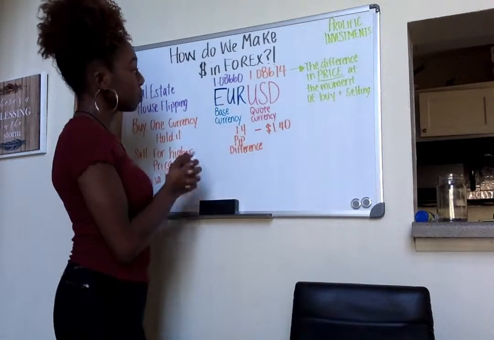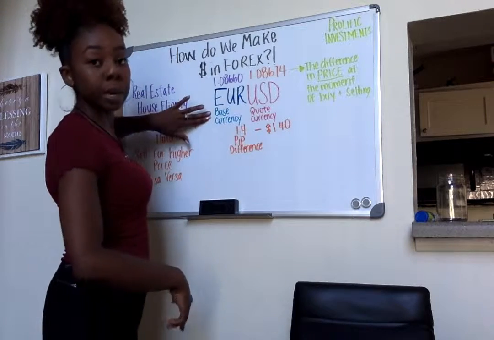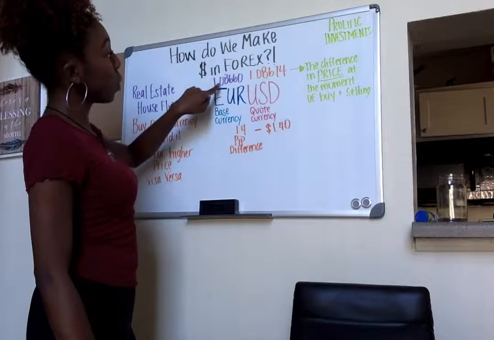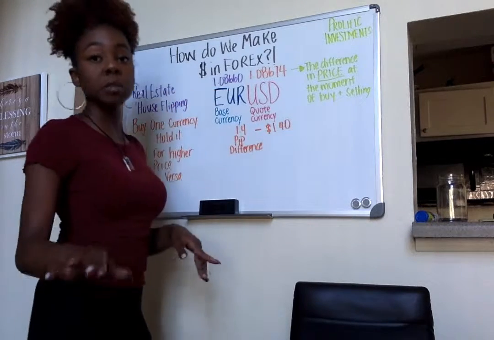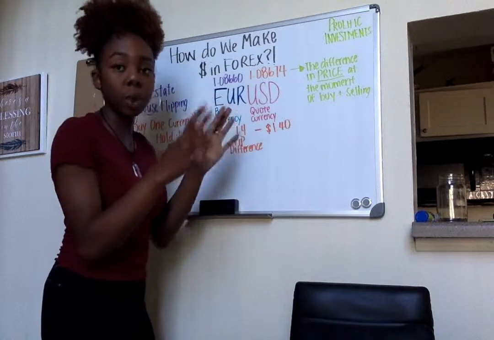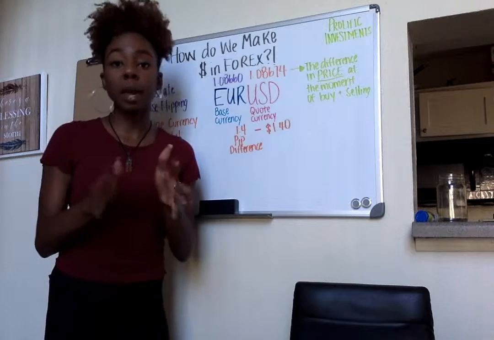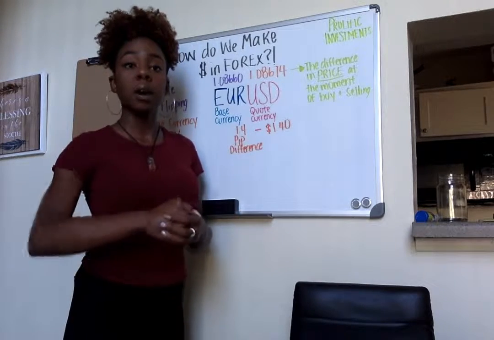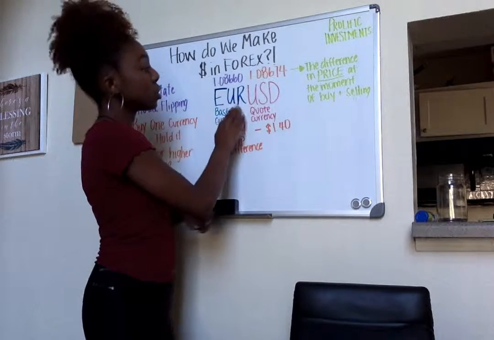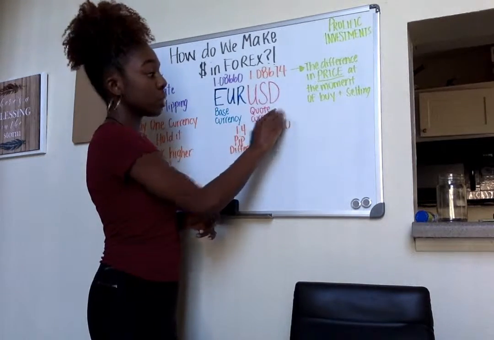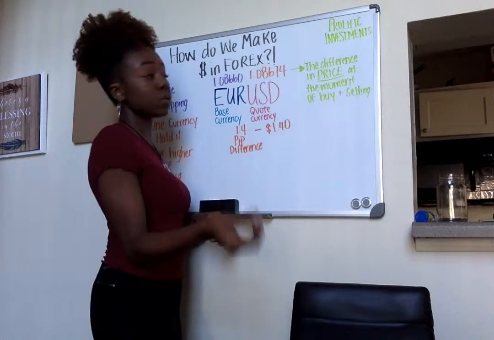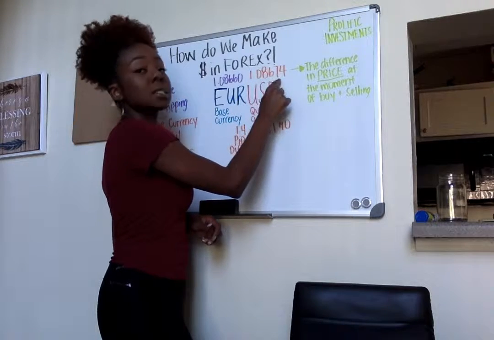Just to continue, your Euro will be your base currency, and that base currency is selling for 1.0866 at this moment. Right now, you don't really need to pay attention to what this number is because you don't know how to calculate pips yet, and we will get to that at a later time if you choose to. You're selling your Euro for your USD, which is your quote currency, and they are accepting an exchange rate of 1.08674.